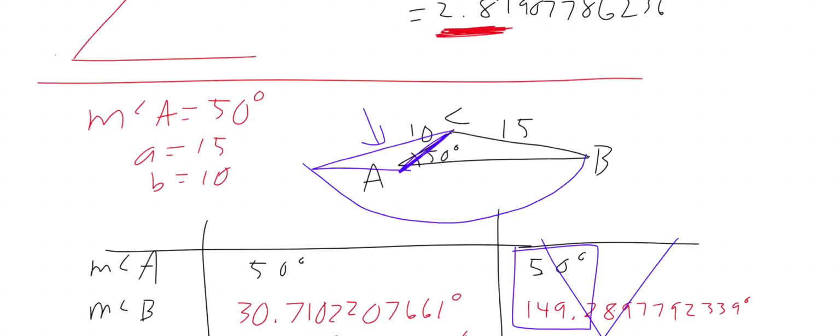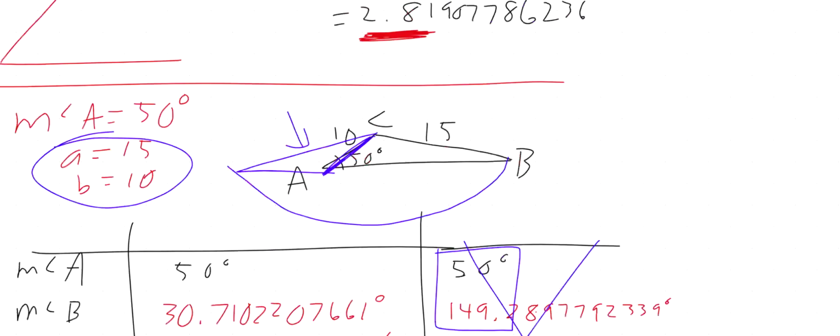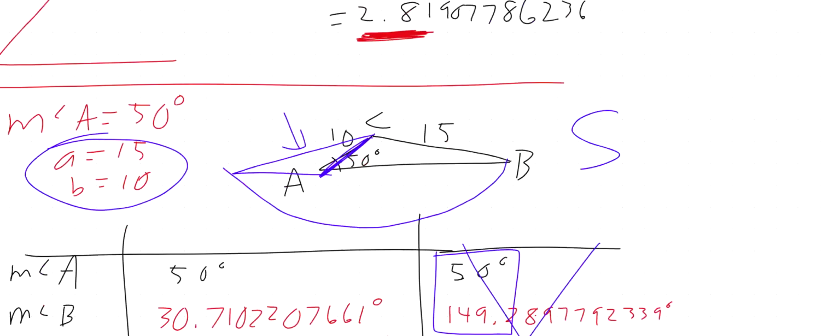Now notice here's a nice relationship between our side A and B. When you have a situation where it's side, little side, angle, you are guaranteed one triangle. So the side with your angle-side combination that match up, if that side length is bigger than the other side, so it's big side, little side, then angle in that order, you're guaranteed only one triangle.